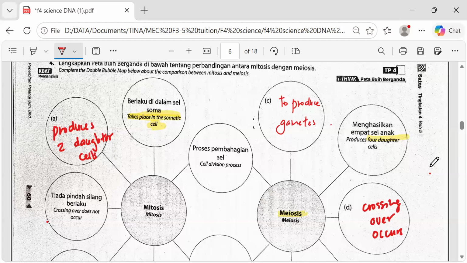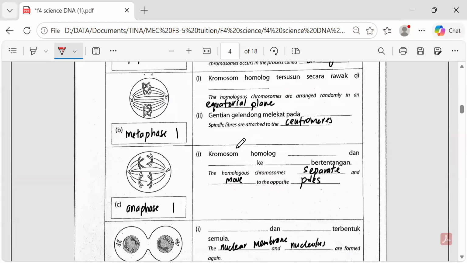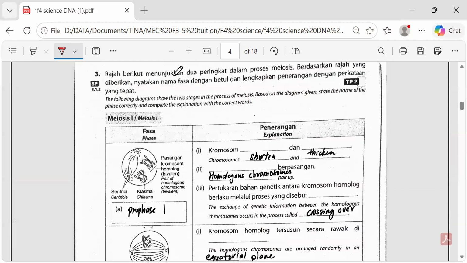Okay, yes. Where does crossing over occur? Meiosis 1 or meiosis 2? One. Which one? Prophase, metaphase, anaphase, telophase? Prophase, crossing over.